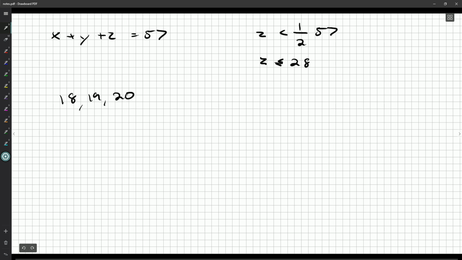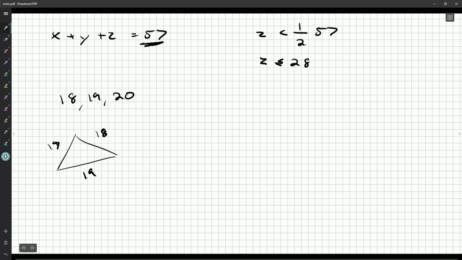That'll get you 57 with all of them different, because the smallest that your longest side can be if your perimeter is fixed is if you've got an equilateral triangle, and that would be 19, 19, 19. But we can't have that. And we can't have the longest side be 19, because if z is just 19, then the others would have to be less than that, and that wouldn't add up to 57.